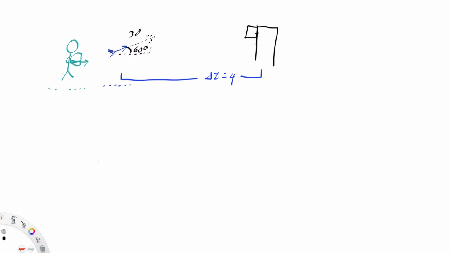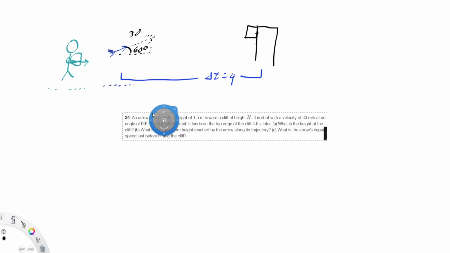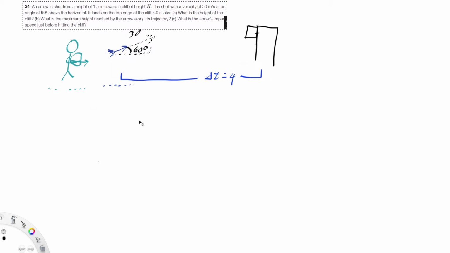And also let me snip the problem, copy it over here. Okay. So let's emphasize the method that we use for going after these problems, right? We always start with as good a picture as we can draw.